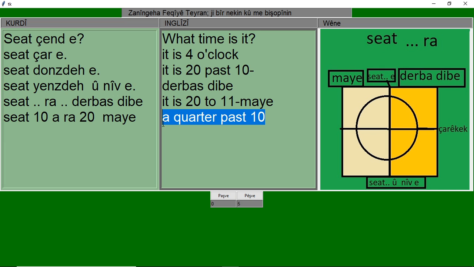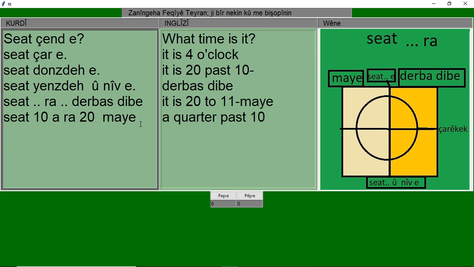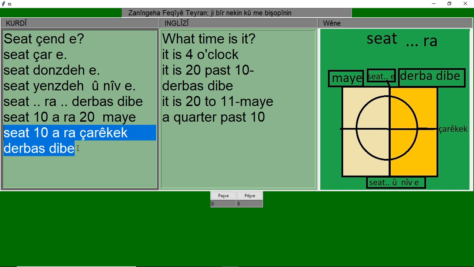When you want to say this, you will say saat deha ra charikek chari. So this is actually still the same root: charikek derbastıbe. Basically nothing changes. Instead of 15 you say charikek, right? When you look at here, charikek derbastıbe.